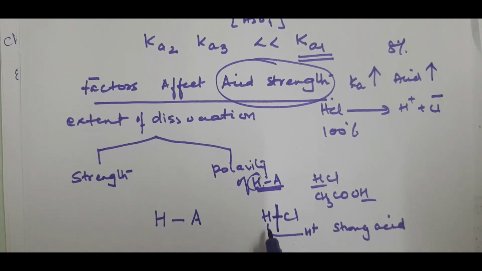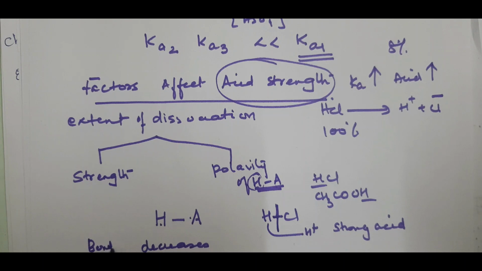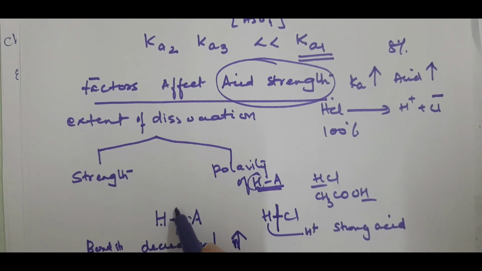So when the strength of the HA bond decreases, the extent of dissociation increases. That is, the energy required to break that bond decreases. Because if HA is very weak, you can easily break this bond.